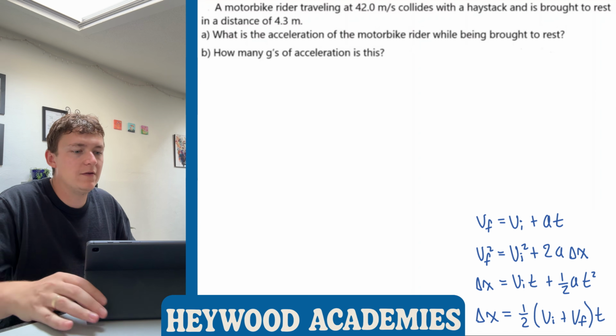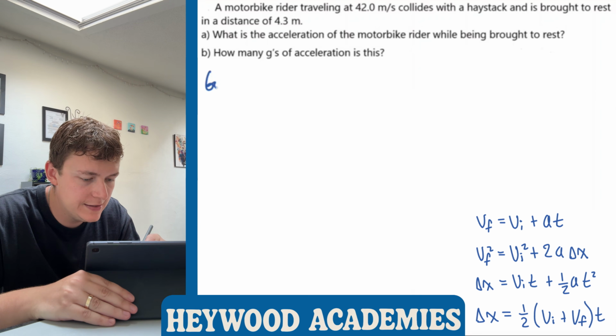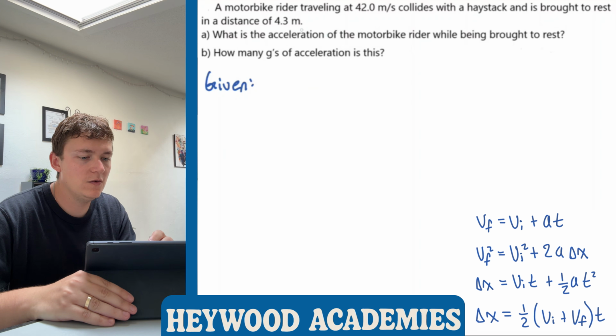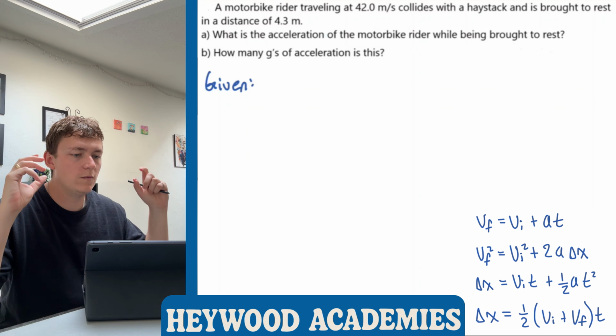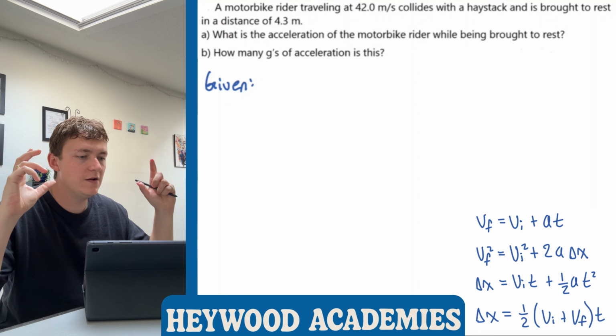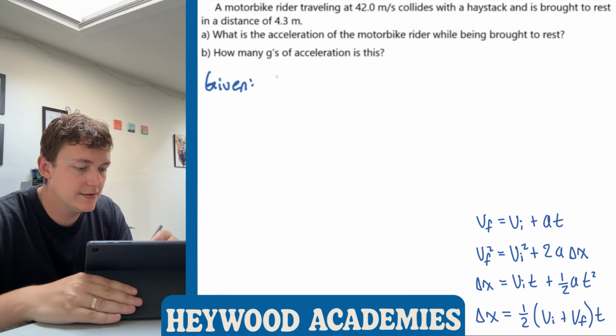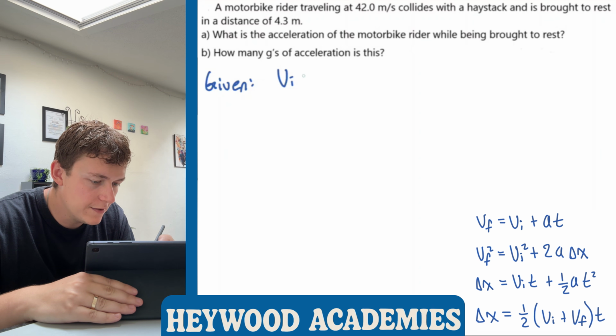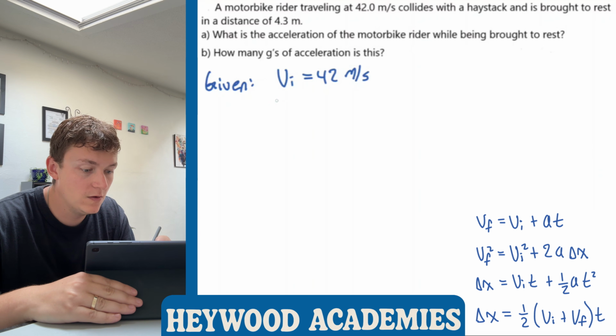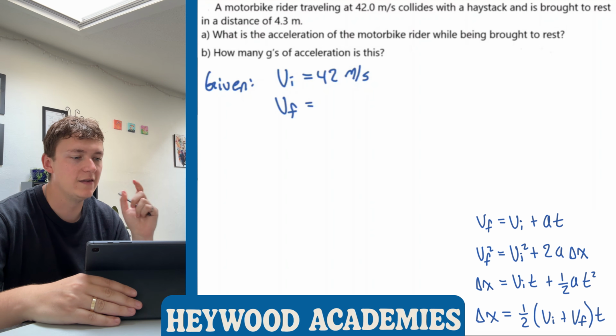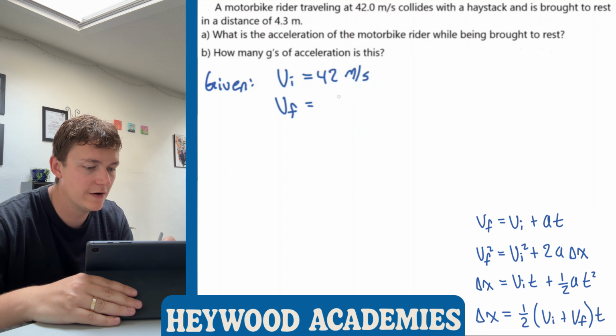Okay, so let's start by writing out what our givens are and what they're asking us to find here. So they said this rider is traveling at 42 meters per second initially, and then they're brought to a rest. Anytime it says rest, that term means that the velocity at that time is equal to 0.